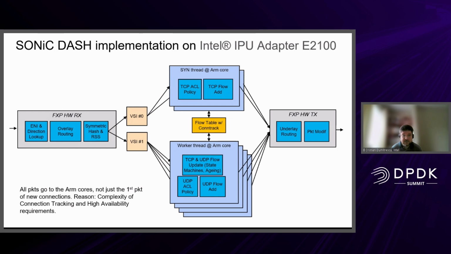The flow table is shared between these two classes of threads, and we have two instantiations of our software. In the first one, there is a global table, but lately we moved on to slicing the flow table into many smaller flow tables, where a single SYN thread and a single worker thread can access a slice of the global flow table.